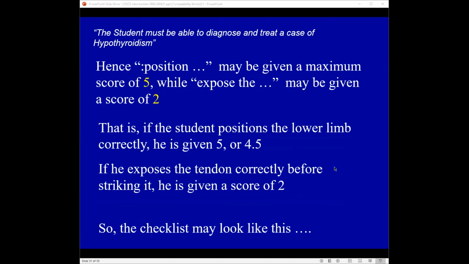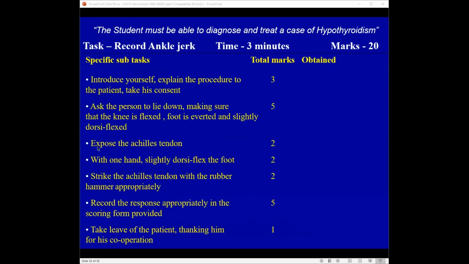If he positions the lower limb correctly, we have given that a score of 5, so he's given 5 out of 5 or 4.5 out of 5. And if he exposes the tendon correctly, we say out of 2, he's given 2. Right? So this is how that checklist may actually look.